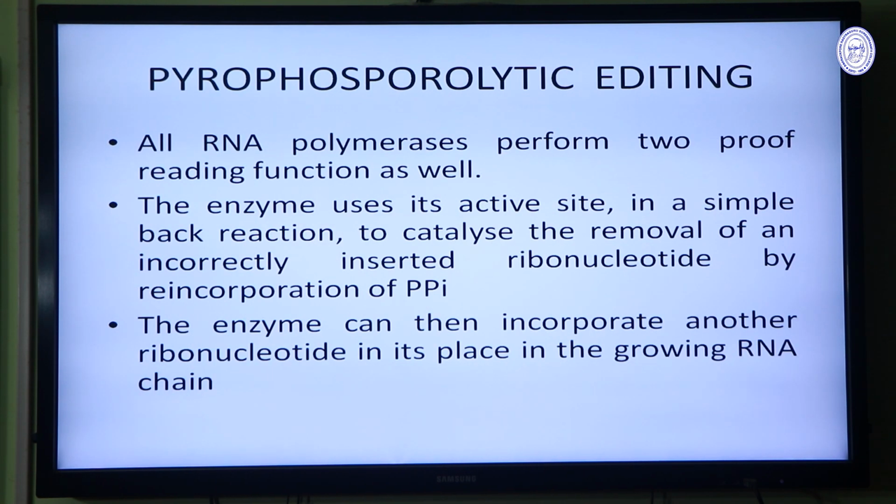Now, we know that DNA polymerase has a very good proofreading activity. If some defective or wrong base is incorporated, then the DNA polymerase can scrutinize it during the replication process with its 3' to 5' exonuclease activity, remove the erroneous base and replace it with the correct base.